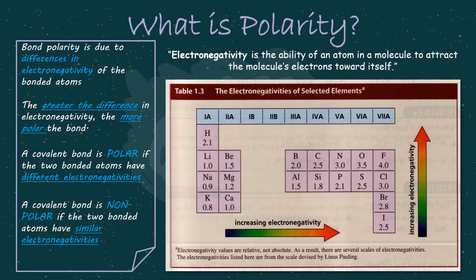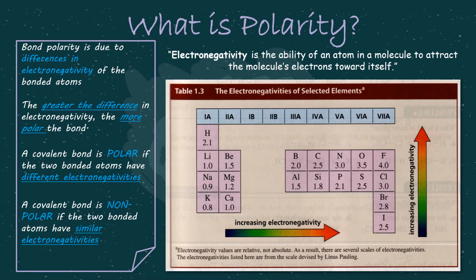So as you can see from the periodic table, the arrangement of the atoms in the periodic table. From left to right, the electronegativity of all of the atoms increases, and from the bottom to the top, the electronegativity of the atoms also increases.